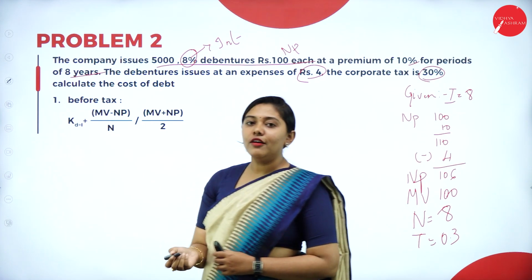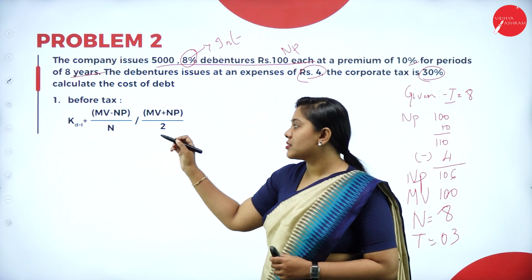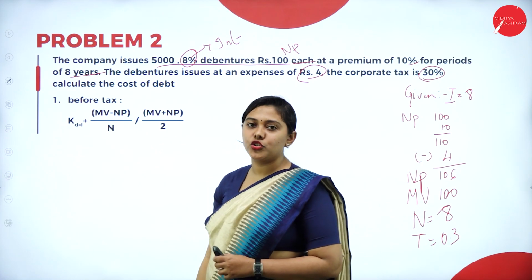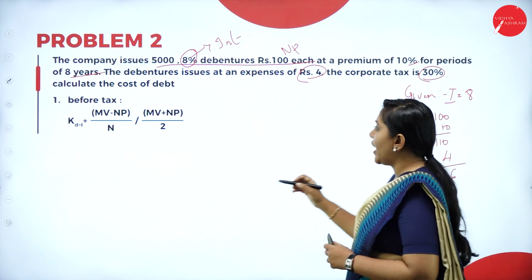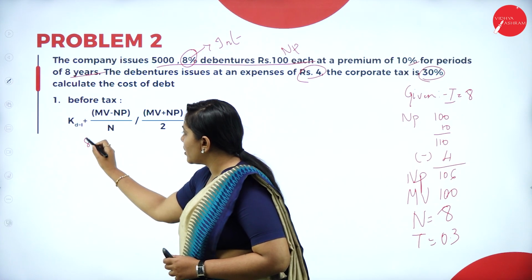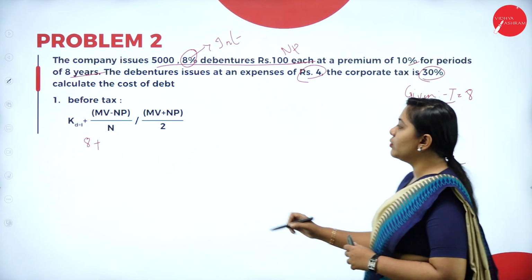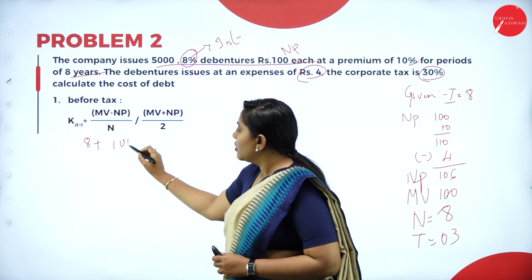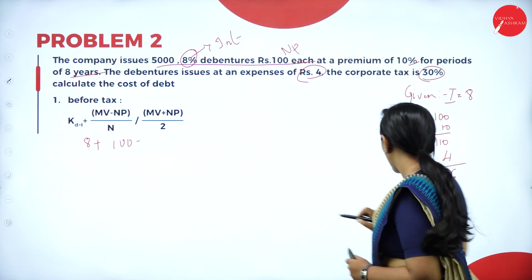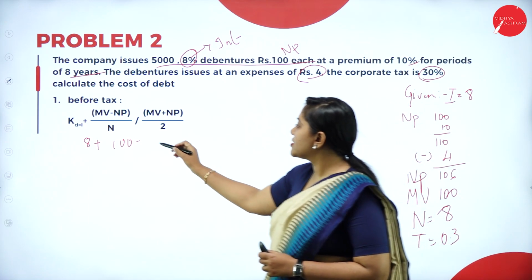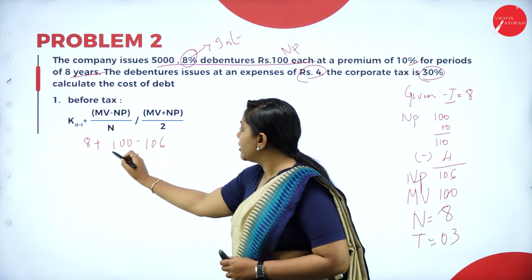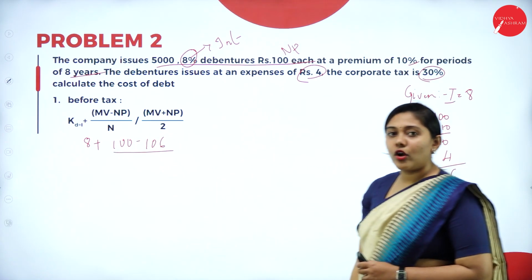So what is the formula for before tax? Cost of debt is equal to interest. What is the interest? 8 rupees is the interest, plus maturity value. What is the maturity value? 100. Net proceeds. What is net proceeds? 106 is the net proceeds, divided by number of years.